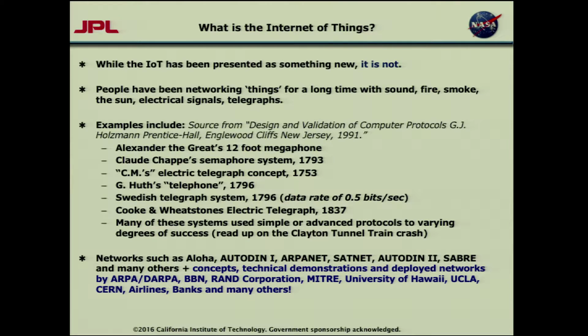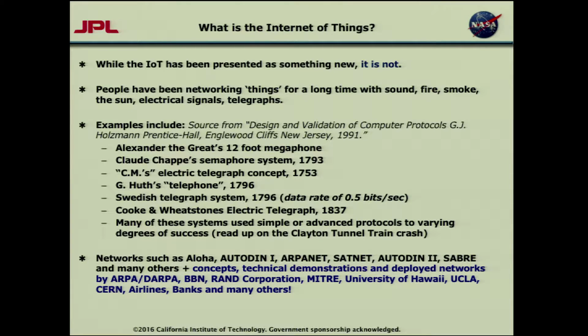And what they found was that the protocols were often incompletely specified. So you had an incident like the Clayton Tunnel train crash, where one train went in, another train went in too fast before the signal could be sent that there's a train actually in the tunnel.